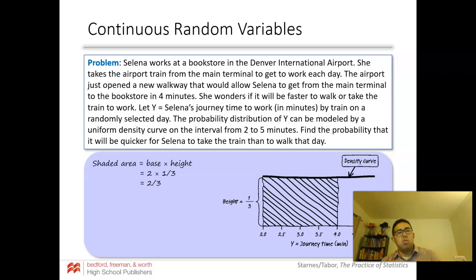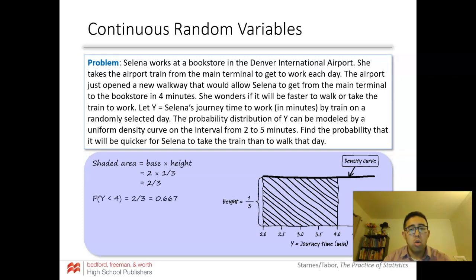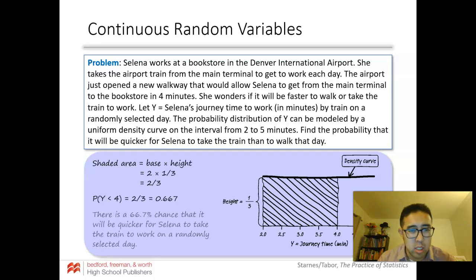Well, you just take the shaded area, which is right here, between 2 and 4 minutes. And then the height has to be 1/3 because the area under the curve needs to be 1. And then you just take 2 times 1/3, which is 2/3. So the probability that it'll take Selena less than 4 minutes is around 2/3 or 66%.